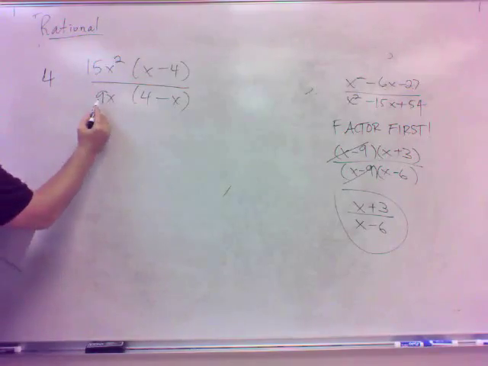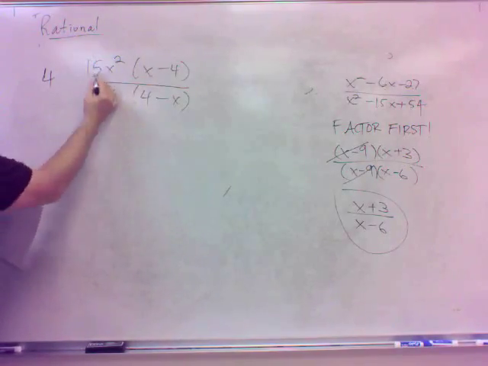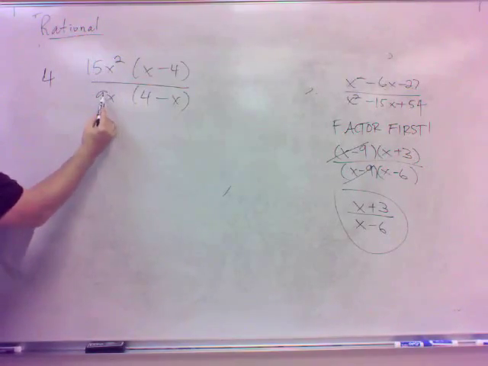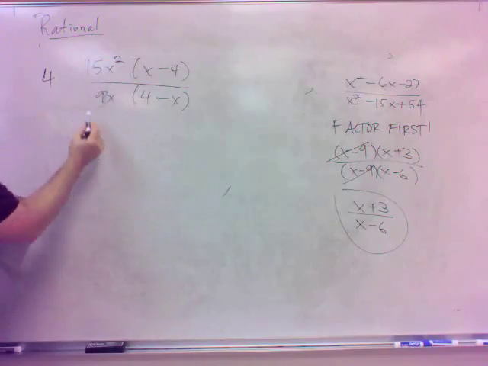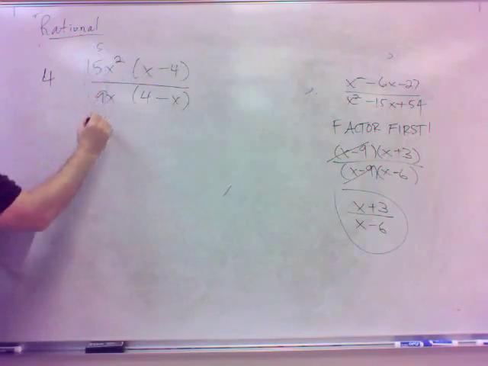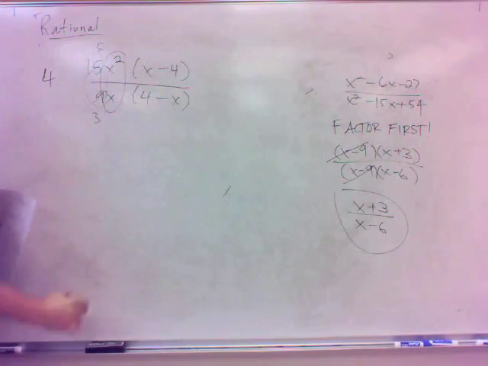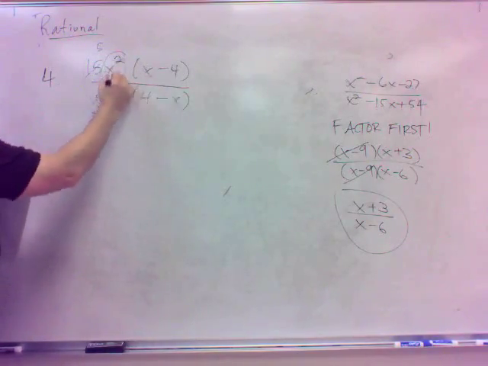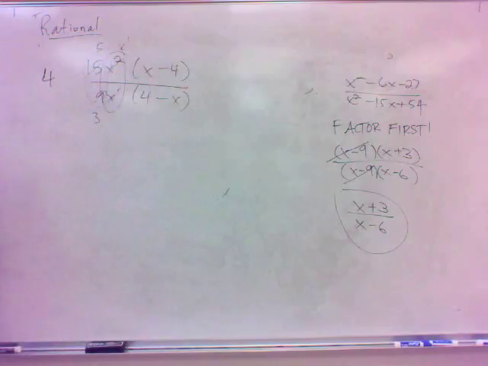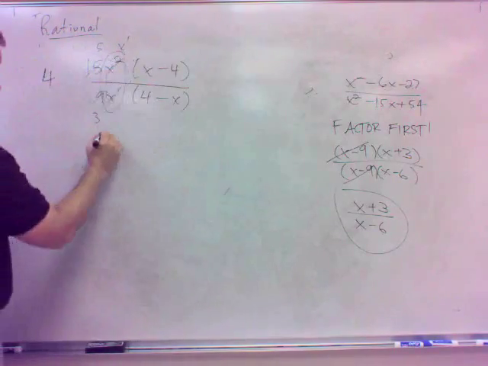Now, on these others, these monomials, we're not talking binomials, just look at those individually. Those reduce by 3. So that gives me a 5 there and a 3 there. Then that's subtracting exponents, so that gives me an x to the 1 right there.